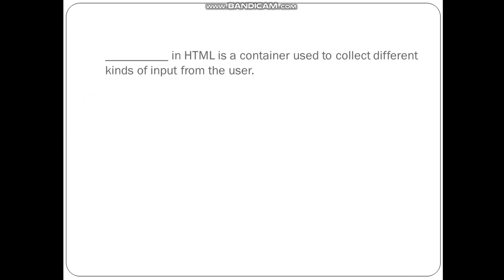So now this chapter is over, and we will see a few questions regarding this chapter. Dash in HTML is a container that is used to collect different kinds of input from the user. Well, the answer is form element. Which attribute takes two values, get or post? The answer is method attribute.